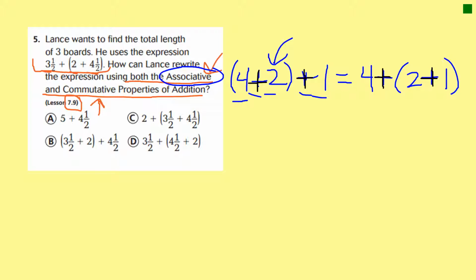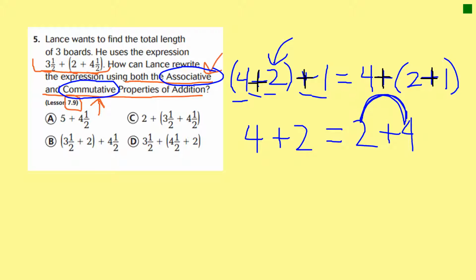All right, so then let's think about our friend, the commutative property. The commutative property, that is the one where 4 plus 2 equals 2 plus 4, right? And remember, Mrs. Olvey says, commutative, commutative, commutative. And then I say, turn your head sideways.